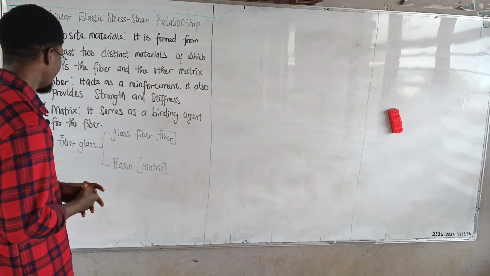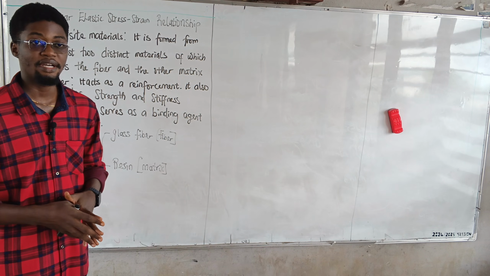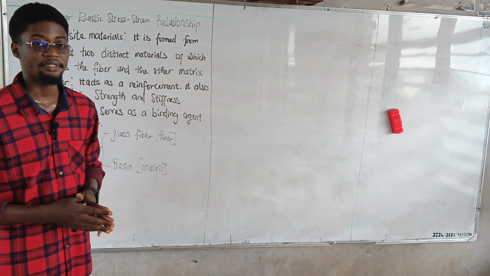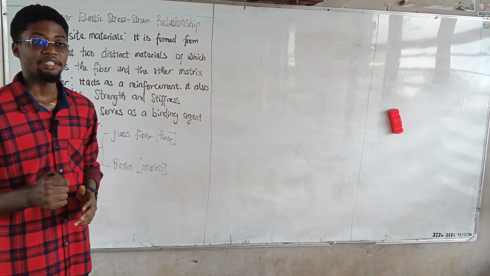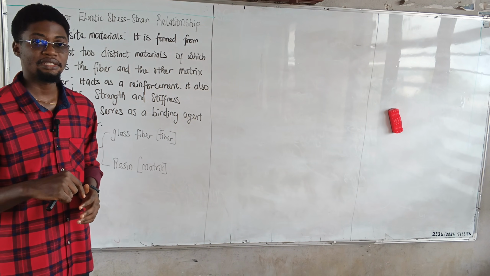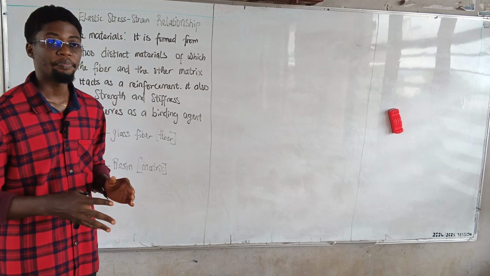Okay, so after we've understood what composite material is and the examples of composite material, now let's look at the mathematical tools or concepts that we use to predict how a material will deform when you apply force. Remember, that's the objective of this topic or the course.